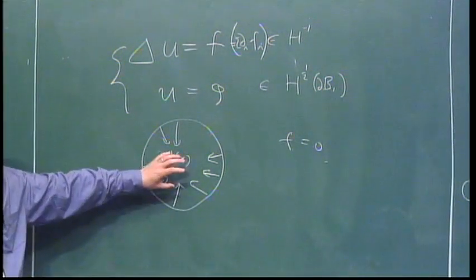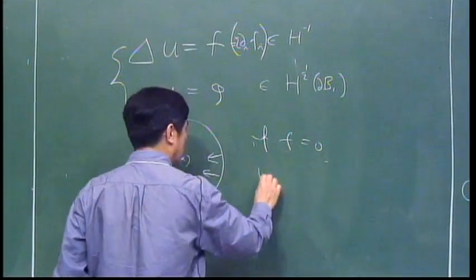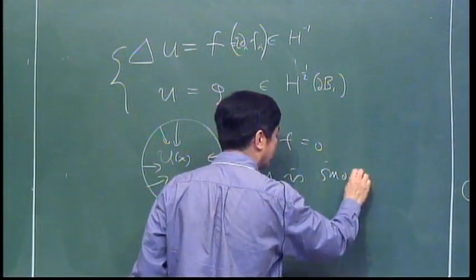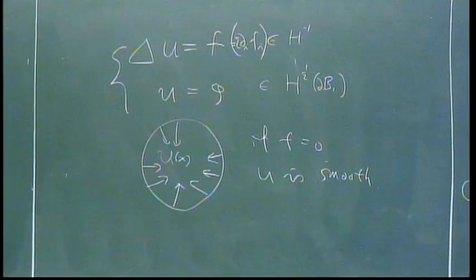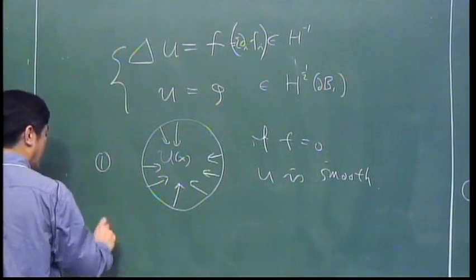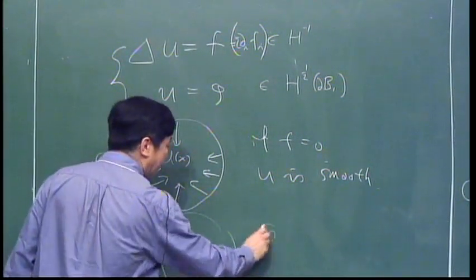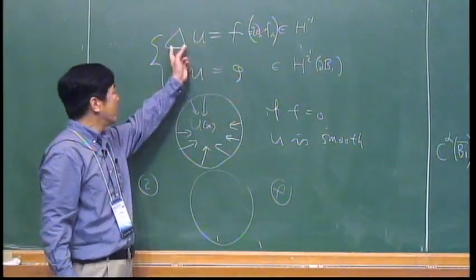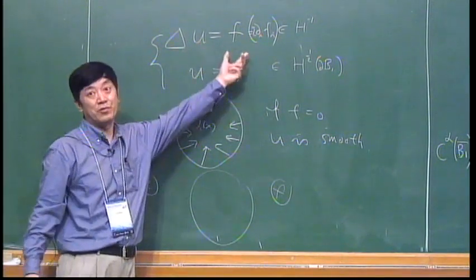All the derivatives of u are bounded. In the case u is smooth, I proved it, all the derivatives are bounded. Two is you look at f. If f is really bad, Laplacian u will be equally bad, right? Because its sum equals f.